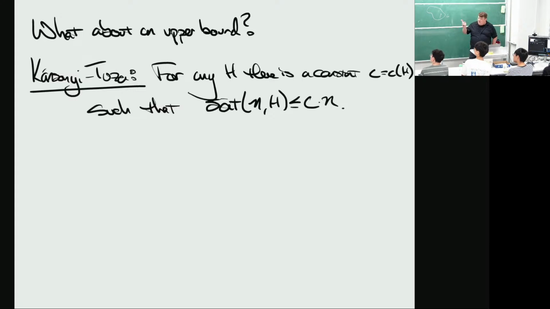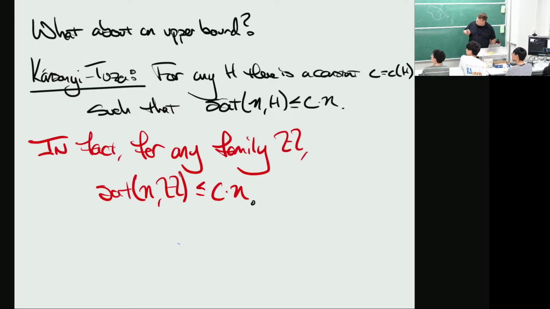Here, they're always linear size, at most. And in fact, they proved something stronger, which I'm going to need in a slide or two, although it's not usually stated this way, which is you can take a whole family of graphs and forbid all of them, and ask yourself to be saturated relative to that family, and the saturation number is still linear.